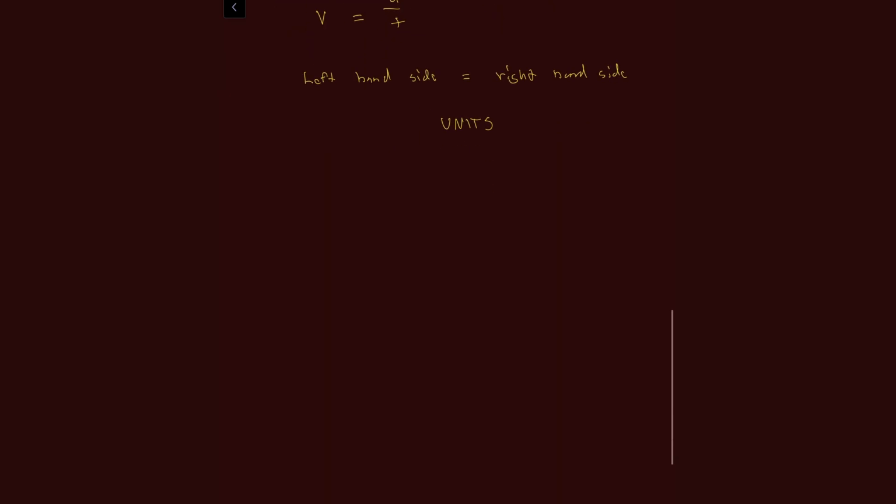So in our example, v equals d over t, we know that velocity is in meters over second. We know that distance is meters and time is seconds. So a quick little dimensional analysis confirms that yes, the left-hand side and the right-hand side do have the proper units.